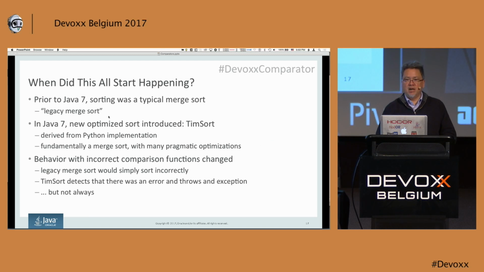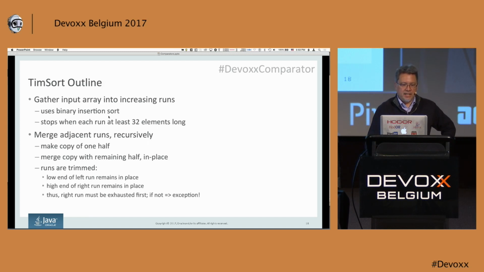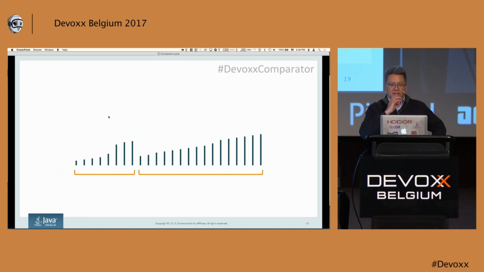All right, so I did that demo. Basically, in Java 7, a new sorting algorithm was introduced that is more sensitive to correctness of comparators. Let me see if I can run through this in about one minute. I have to skip a bunch of stuff here, but basically, the heart of the timsort algorithm is that it does merging of consecutive runs.